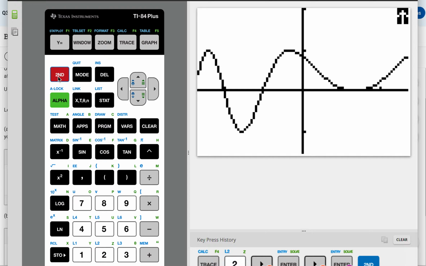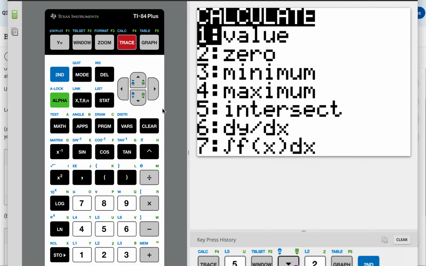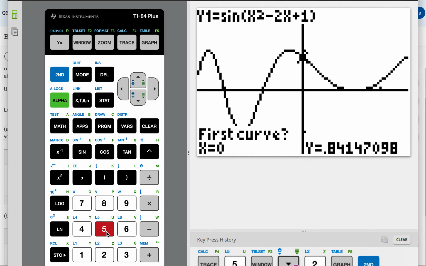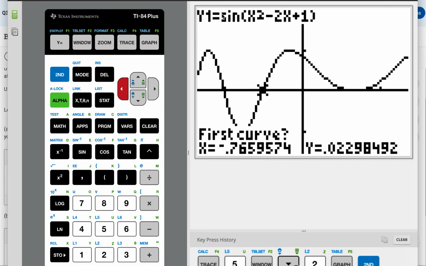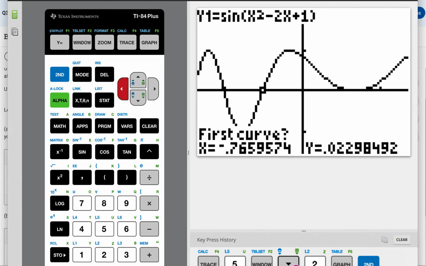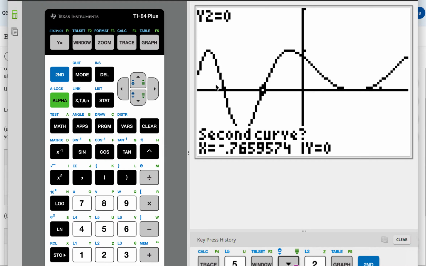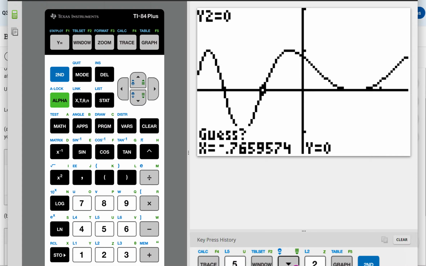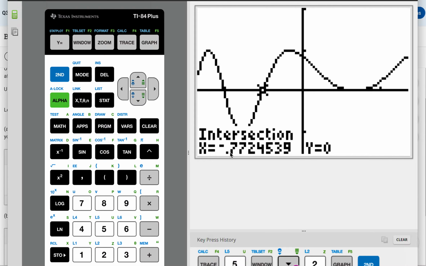And if I do then second trace and then do intersect for 5, I'm going to go over here. I'm going to get in the region. I have an equation that's in there that's y2, I think it is. And if I choose this as my first curve, and then you can see y2 equals 0, that's my second curve. I hit enter, and I hit enter again, and then I'm going to get -0.773. That's my other one.